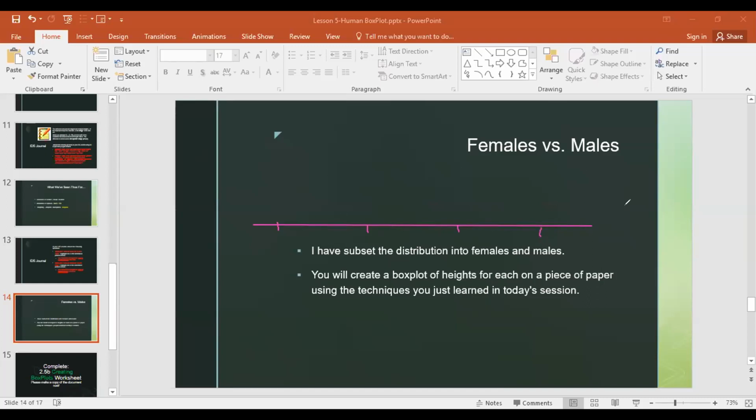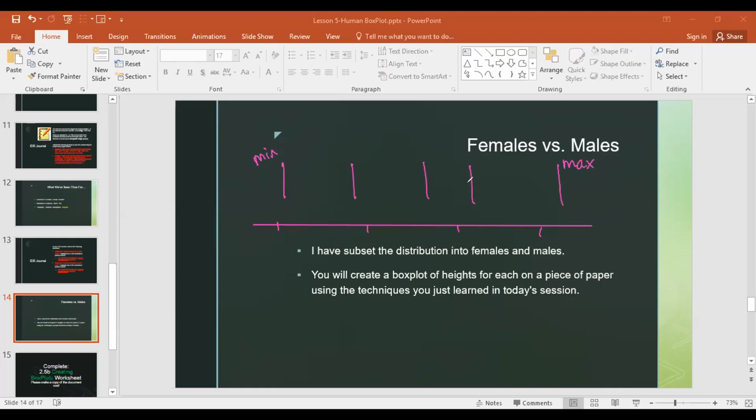Either way, you're going to be putting in 5 lines based on the information that you gather from your data. These two at the ends are going to be your minimum on the low end and your maximum on the high end. Depending on your data, these lines might be really close together or more spread out. It really depends on your data. So minimum and maximum are on the 2 ends.